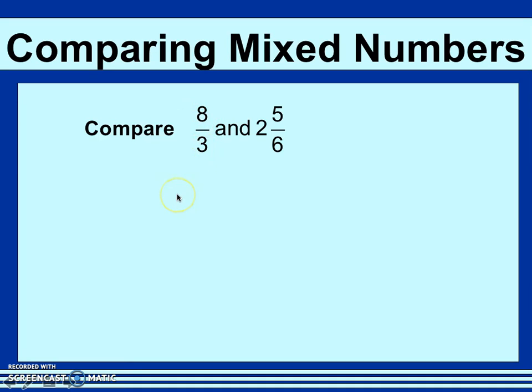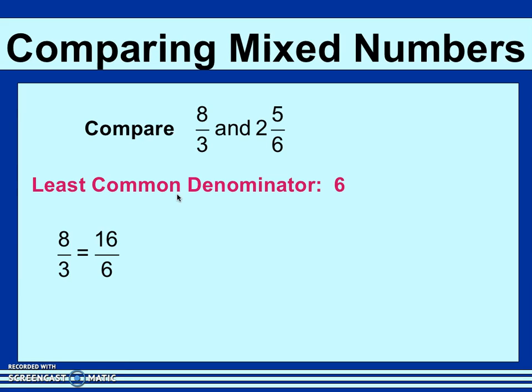So 8/3 becomes 16/6. I multiply the top and bottom both by 2 and get 16/6. 2 5/6, I'm going to go 6 times 2 is 12, plus 5 is 17. So 2 5/6 becomes 17/6.